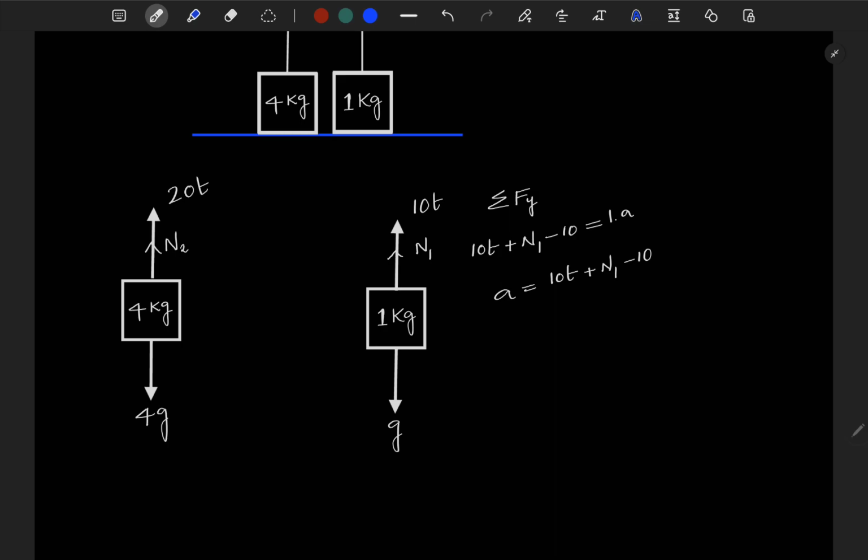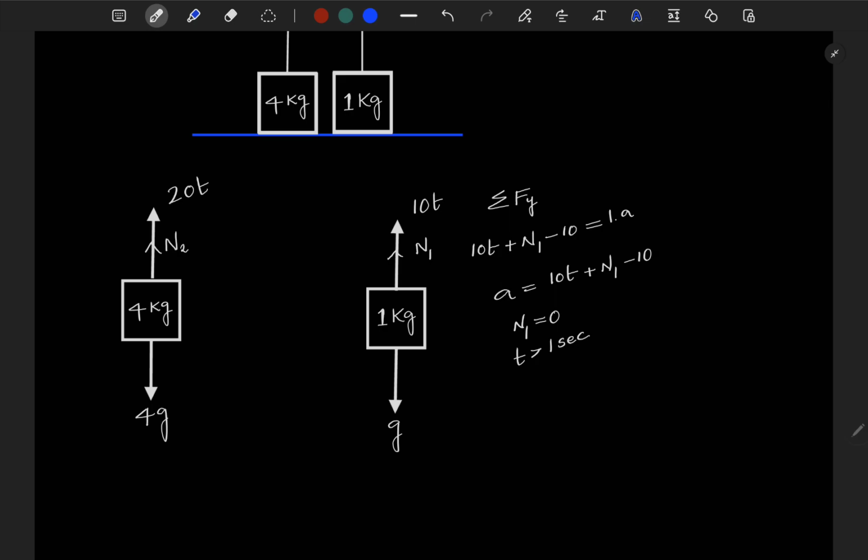I mean, the block rises up only if 10t is greater than g, which means N1 becomes 0 when t is greater than 1 second. Because when you substitute t as 1, it is 10 and 10, so it balances, and then the block starts rising up. So our condition is N1 is 0, it loses contact with the ground when t is greater than 1 second.